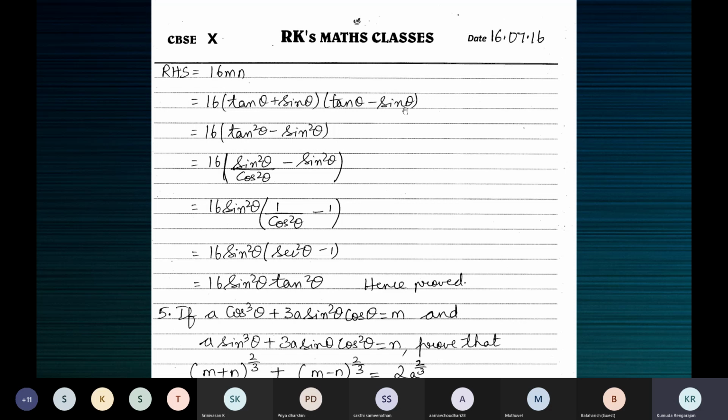Substitute for m, substitute for n. Then it's like a plus b into a minus b, so a square minus b square. Tan square theta can be written as sin square theta by cos square theta. Sin square theta is common, bring it out. So we have 1 by cos square theta minus 1, that is secant square theta minus 1, and secant square theta minus 1 is tan square theta. So we have 16 sin square theta tan square theta.